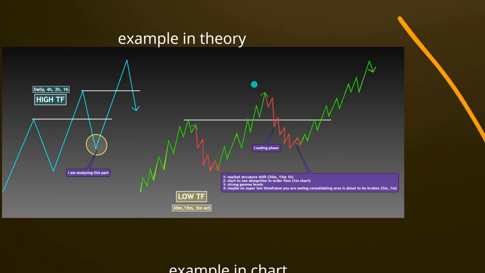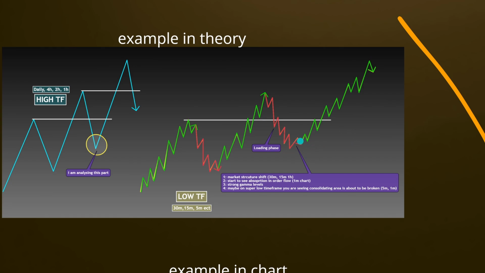Okay, so what you're going to do is wait for a market structure shift, for example on the 30 minutes, or 1 hour. And then start to see absorption on the order flow, for example on the 1 minute time frame.